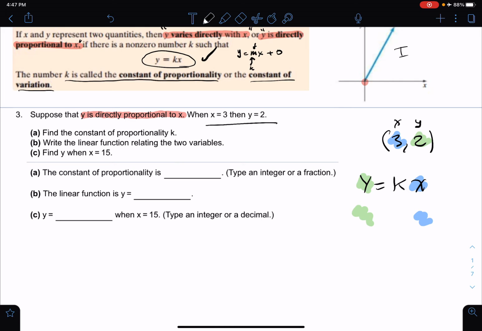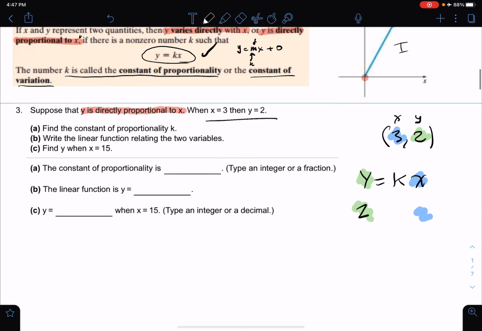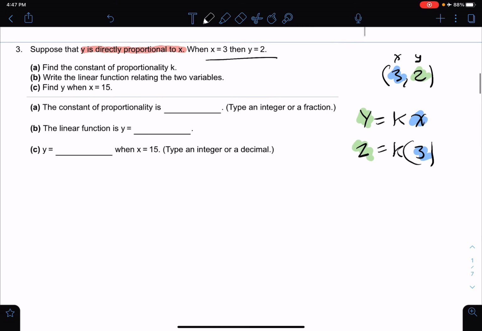So you can see the substitution, right? So y is 2, so sub in 2 for y. We're looking for k. x is 3, so sub in 3 for x. Divide both sides by 3 so we can isolate the k. And we get k equals 2/3.